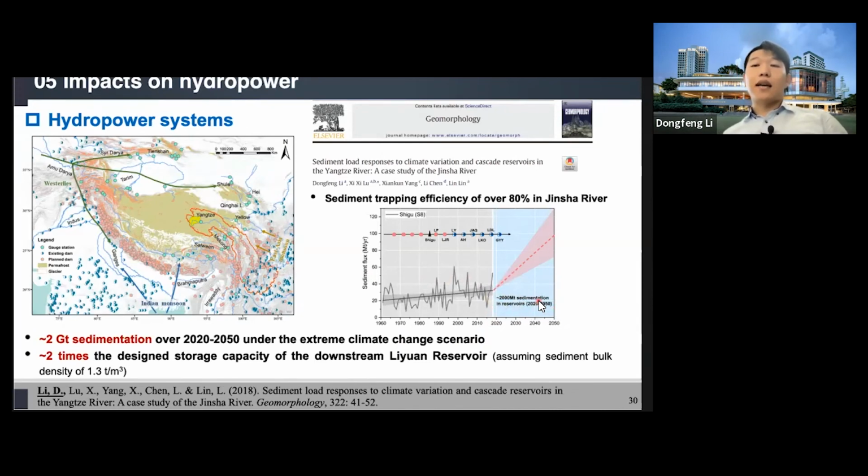It is a large number if we compare the volume of the deposited sediment with the designed storage capacity. It is roughly 2 times the designed storage capacity of the downstream Liyuan reservoir, which is the first, most upstream reservoir in the Upper Yangtze River.